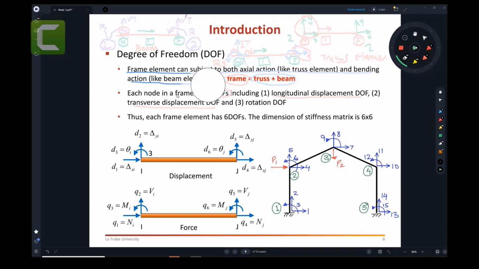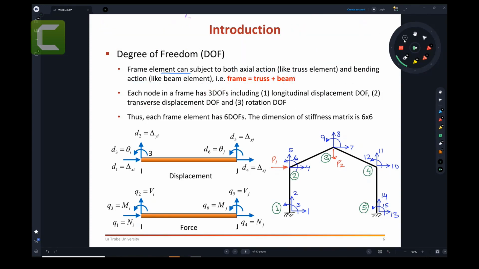All right, now testing your knowledge. Let's say this is a frame element. Let me make it at an angle. This one has a node, and this one has this degree of freedom, and this one has a rotation degree of freedom.